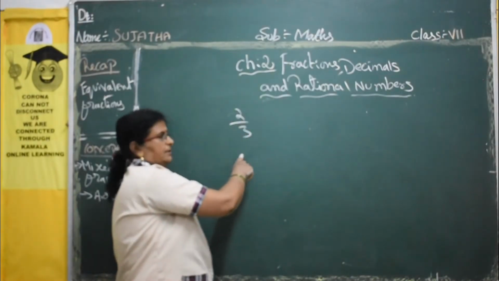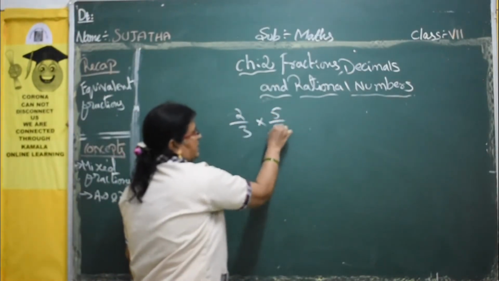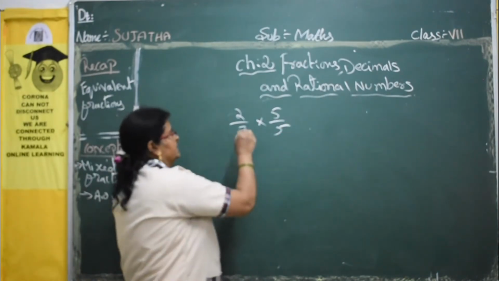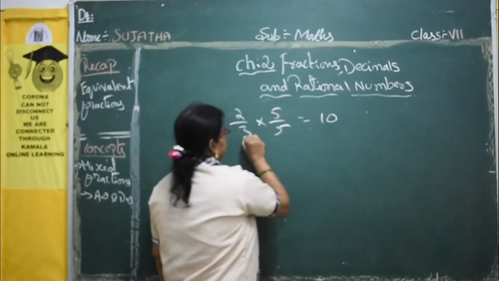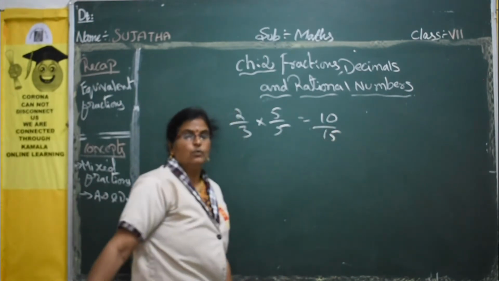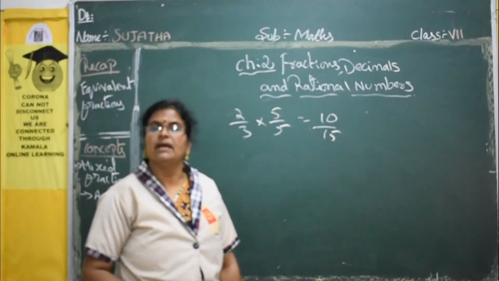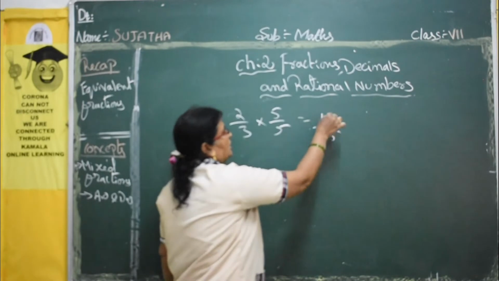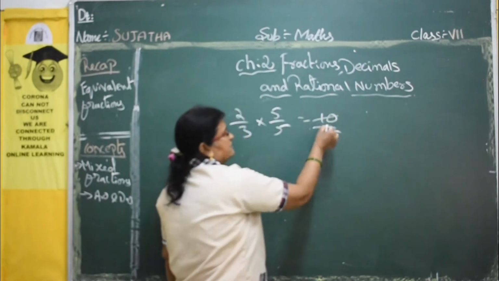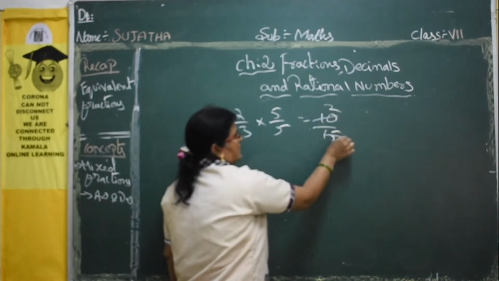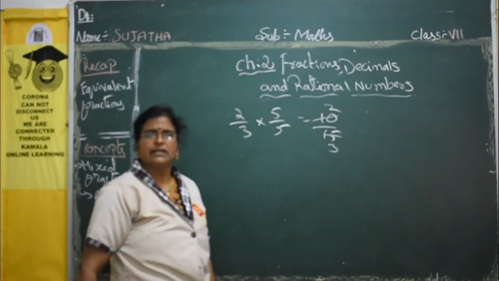That is, 2 5s are 10, 3 5s are 15. Then to check, you have to simplify. See, in the 5 table, if you simplify, 5 2s are 10, 5 3s are 15, you get 2/3 only.